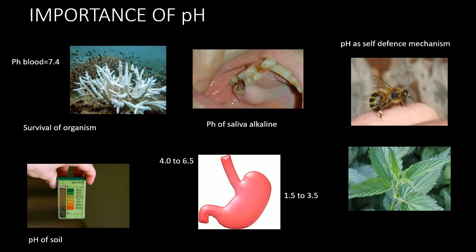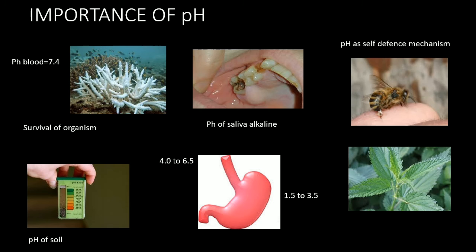That's why it is advised to rinse your mouth properly after eating any food, especially sweetening agents, in order to maintain the pH of your mouth, because maintenance of the pH of the mouth is highly beneficial for the health of teeth.